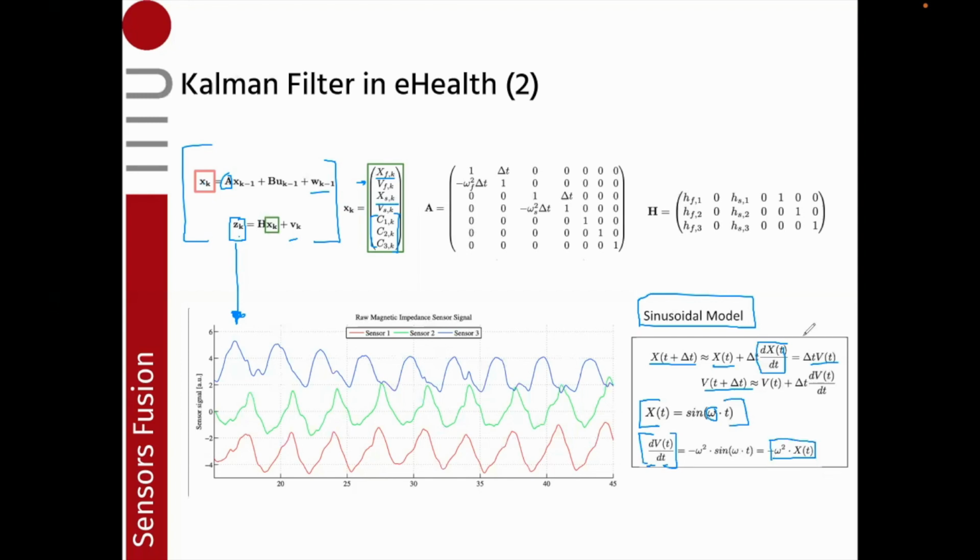I will not give any detail here, and if you're interested, please read the paper. But what is important now is that this relationship gives us the possibility to write down a transition matrix A, which connects the state at time k minus 1 to the state at time k. Some of you will probably ask how this omega is determined.